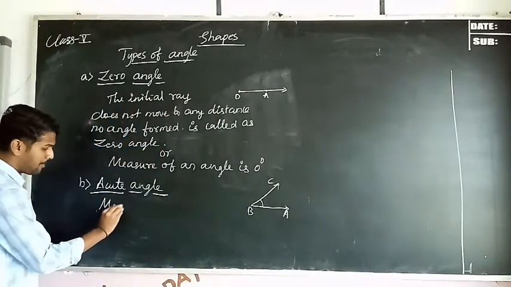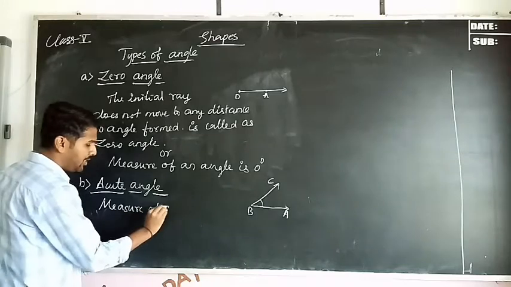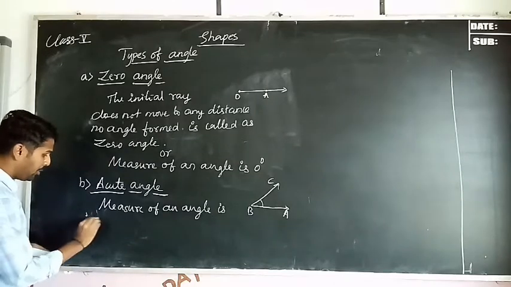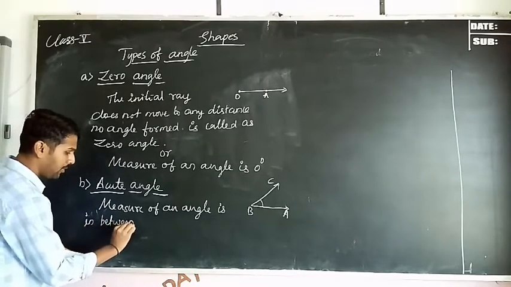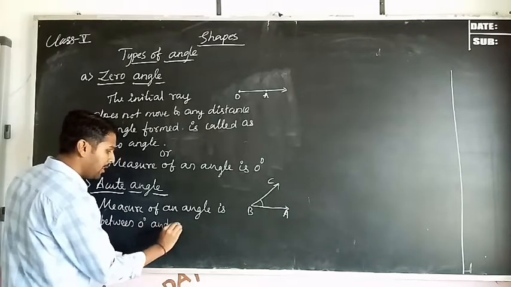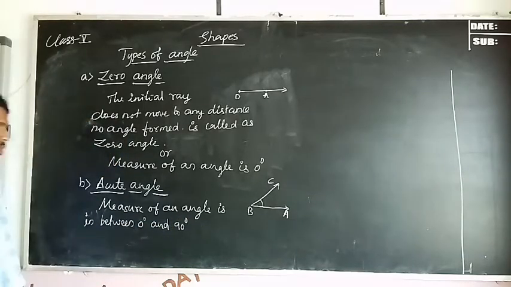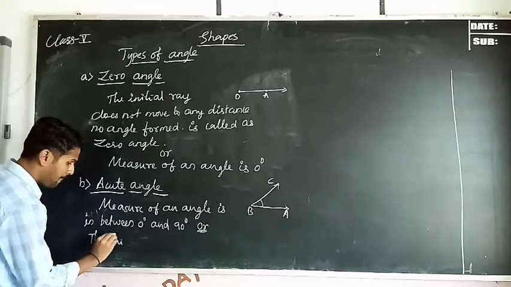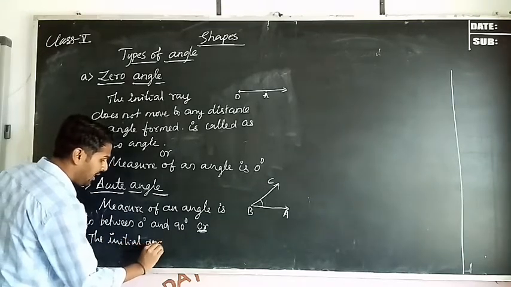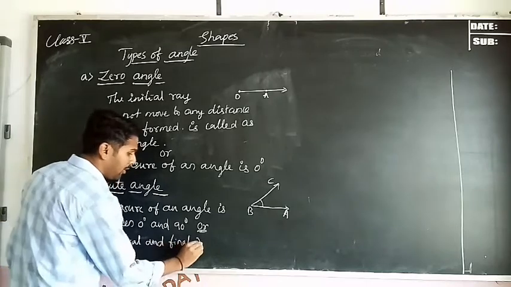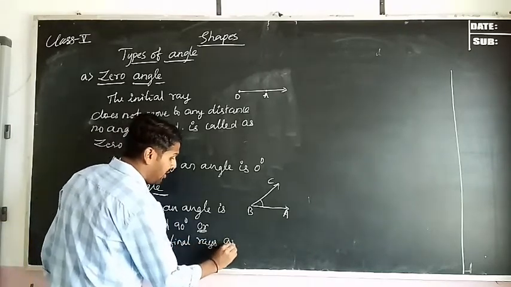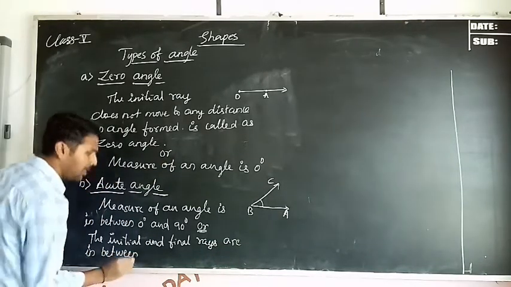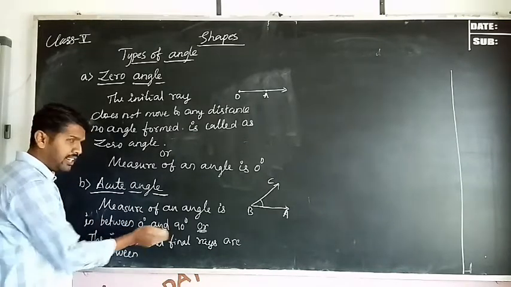So the measure of an angle is in between 0 degree and 90 degree, or the initial and final rays are in between which degrees? 0 degree and 90 degree.